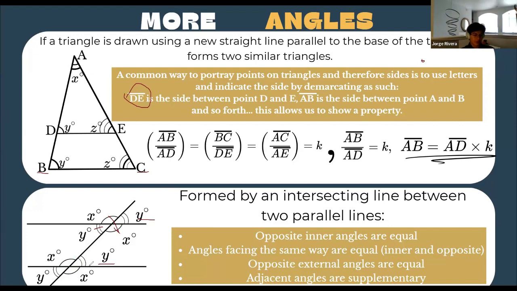Now, opposite external angles. Because this angle is the same as this angle, this vertical angle has to be the same as this angle, right? And this angle has a vertical pair on this one. So that means that this one has to be equal to this one. Boom, like that. And adjacent angles are supplementary.